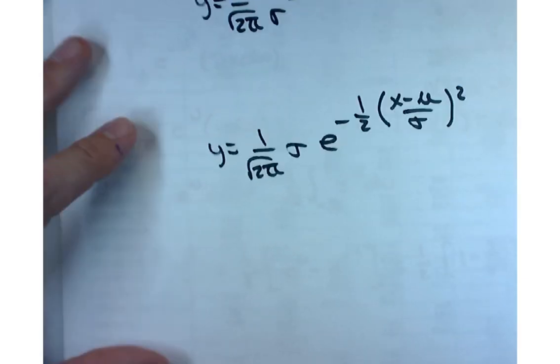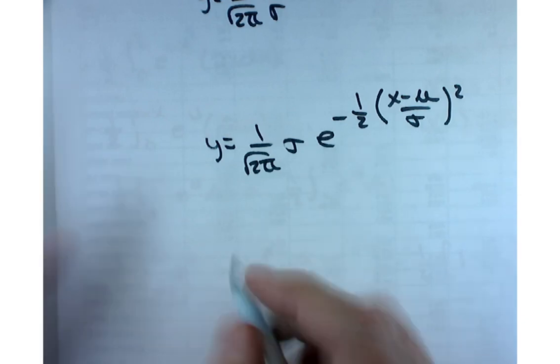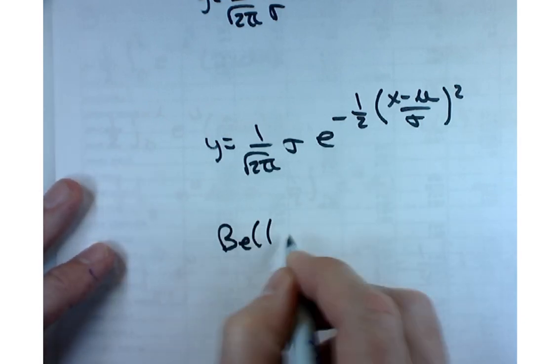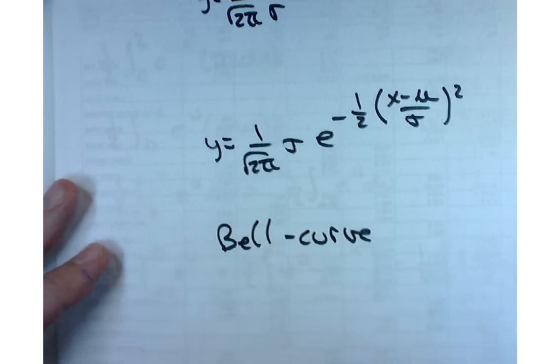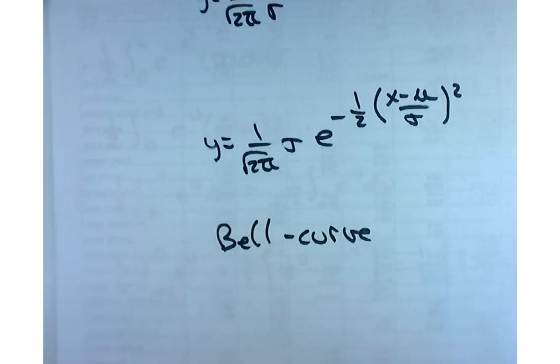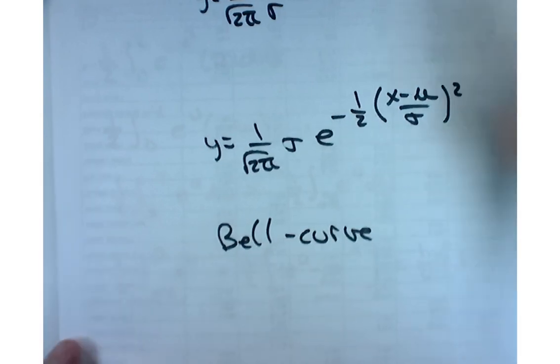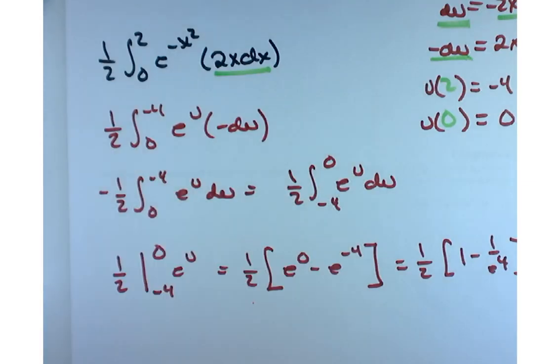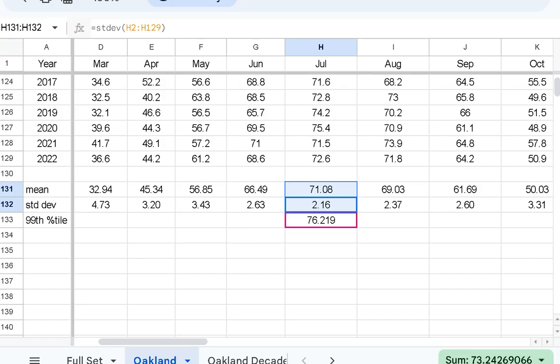Kind of a gnarly looking function, but this is what traces out the normal curve or bell curve. And a name you're familiar with in this class is Gauss. Sometimes you run into somebody who calls it a Gaussian curve, but it describes a lot of natural phenomena.